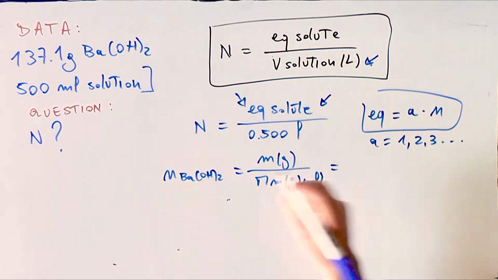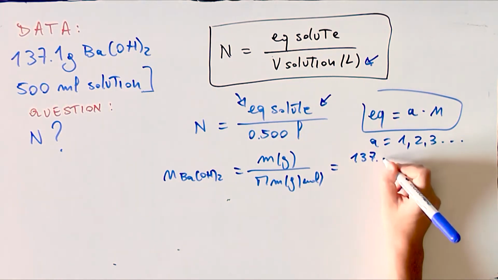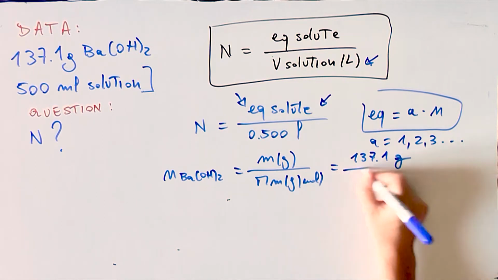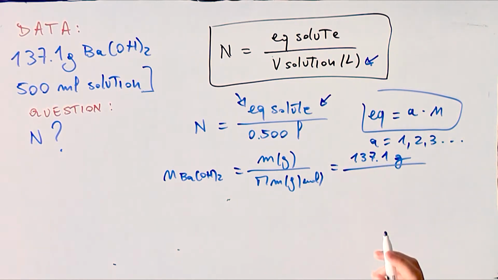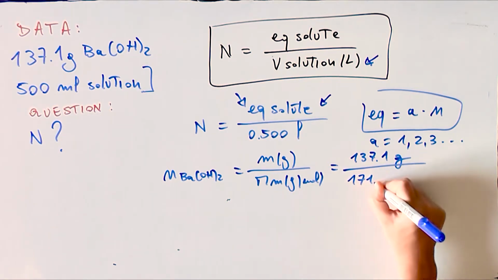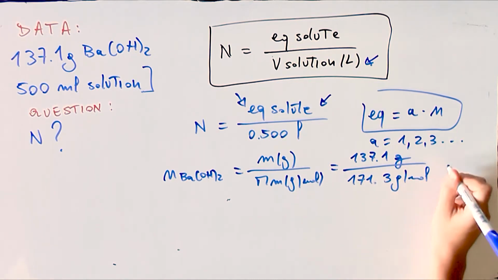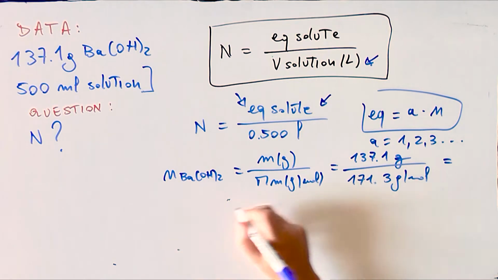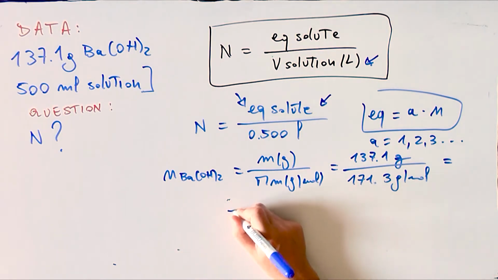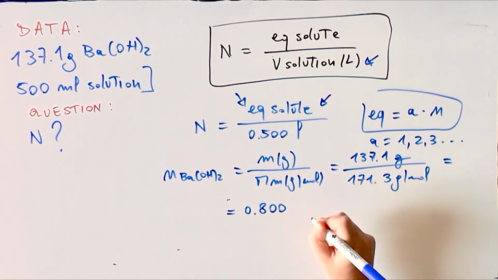The mass of solute is 137.1 grams divided by the molar mass of barium hydroxide, which is 171.3. So if you do your maths, you will see that this number is 0.800 mole.